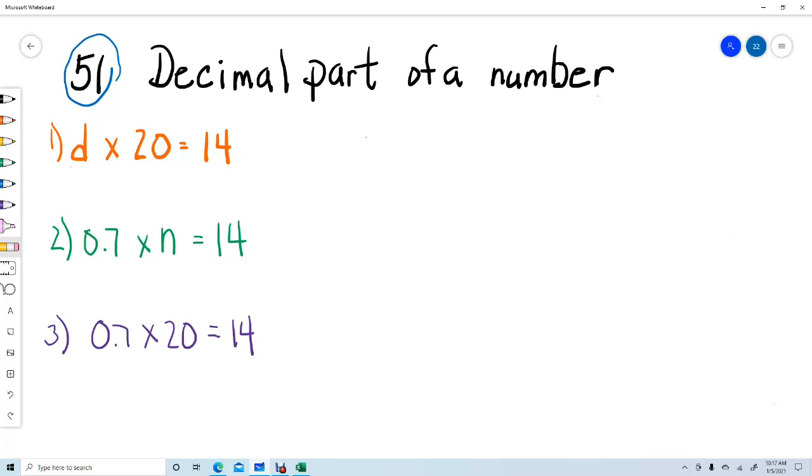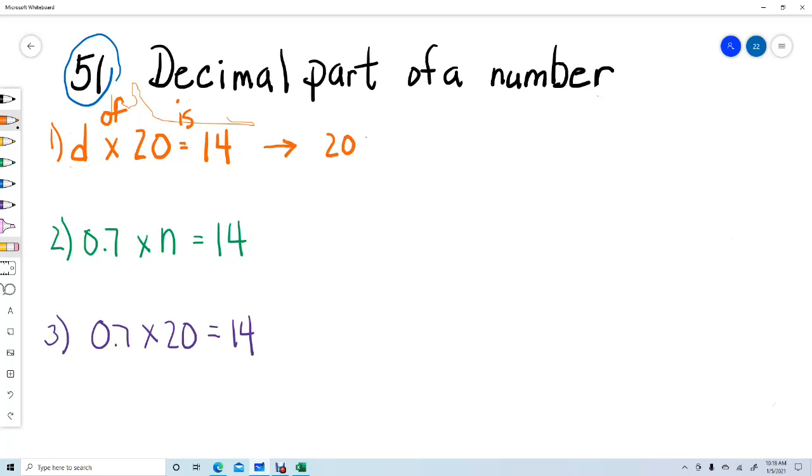Remember that the word of corresponds to times. The word of in a word problem corresponds to multiplication, and the word is corresponds to the equal sign.